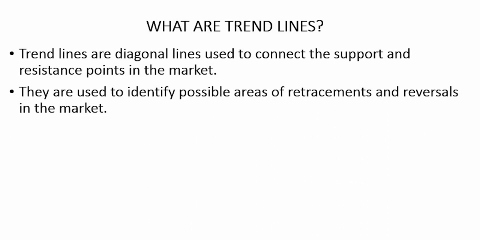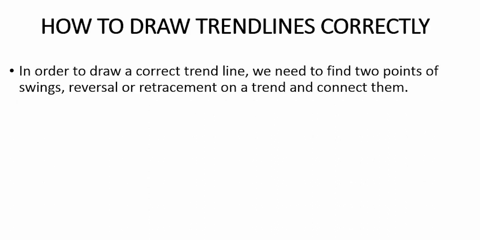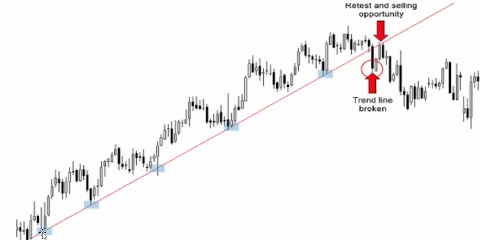How do you draw a trend line correctly? In order to draw a correct trend line, we need to find two points of swing, reversals or retracements on a trend, and connect them. See these points of swing. We've got two points.